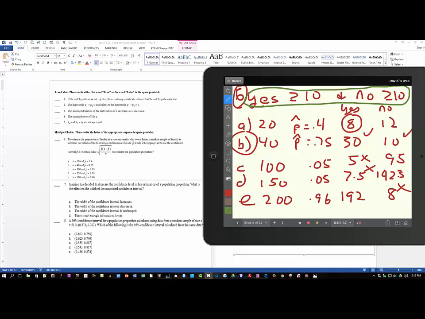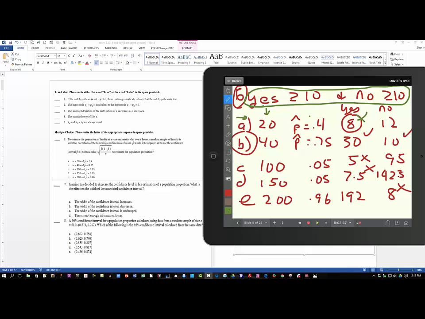So you can't just look at this column where we have the sample sizes. You have to look at the proportion of yeses and nos, or really the number of yeses and nos, to make the decision. So in the first case here we had n is 20, p is 0.4, that was given. Well, if 40% of the sample of size 20 says yes, that's 8, and 8's not large enough.